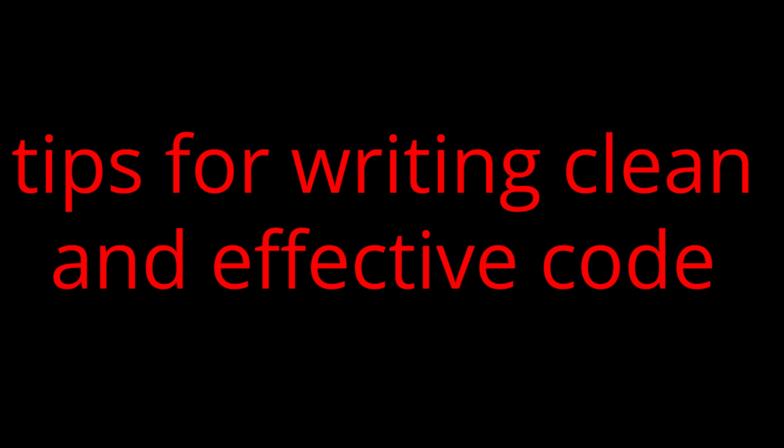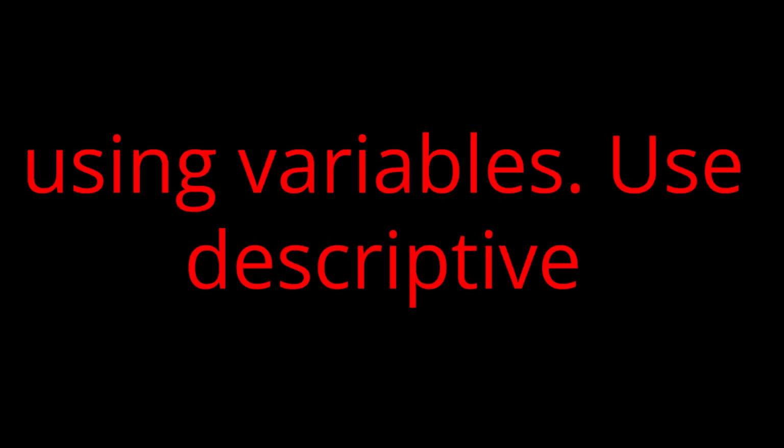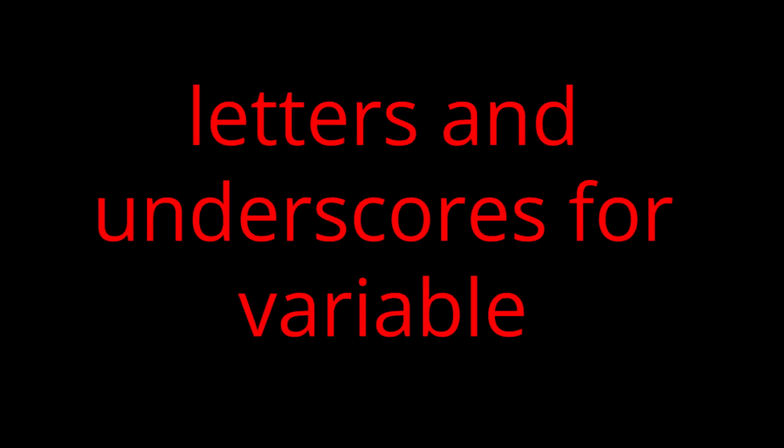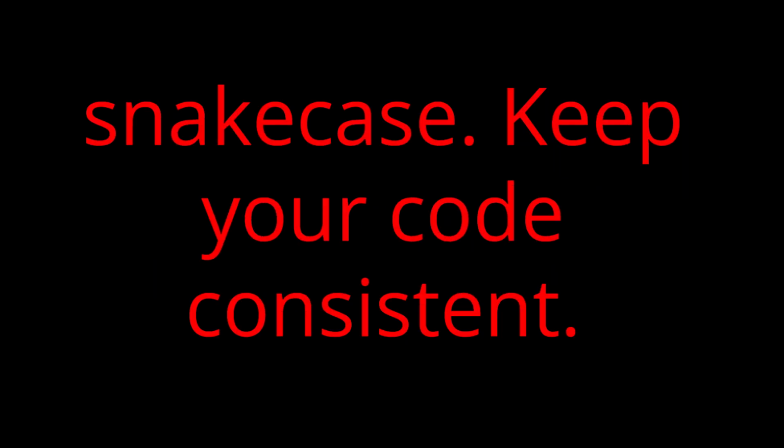Chapter 7. Best practices. Let's talk about a few tips for writing clean and effective code using variables. Use descriptive names. A variable named price_total is more meaningful than just p. Stick to lowercase letters and underscores for variable names. This is the most common Python naming convention, known as snake_case.